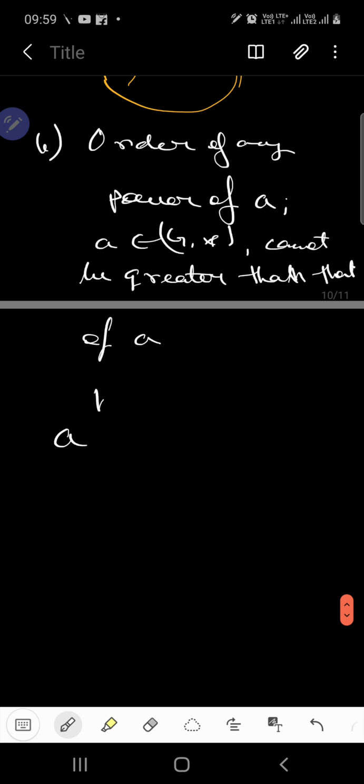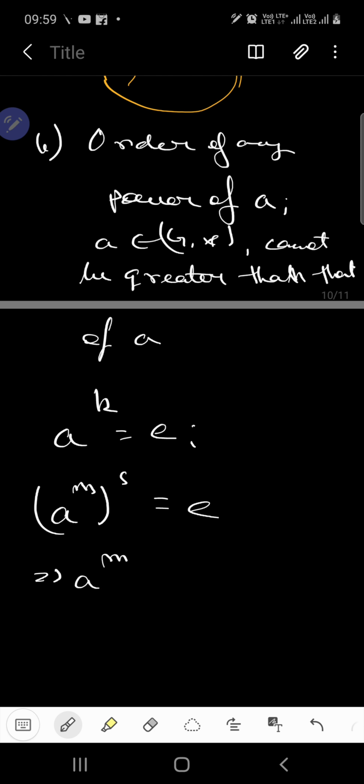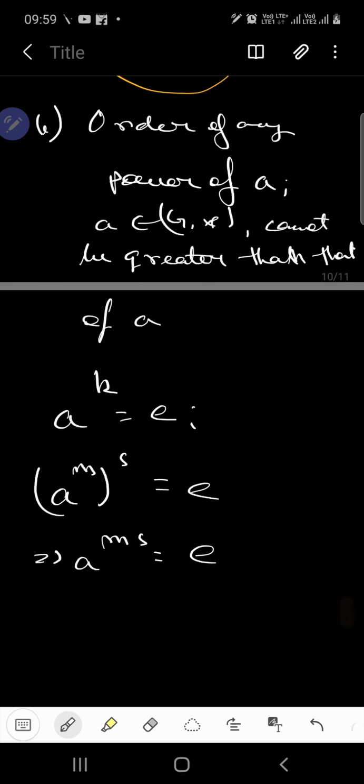Suppose you have a to the power k equals e, and you have a to the power m times s equals e. So from here, a to the power ms is equal to e, and you can relate them to say that k equals ms. Now if k equals ms, then both m and s must be less than or equal to k.